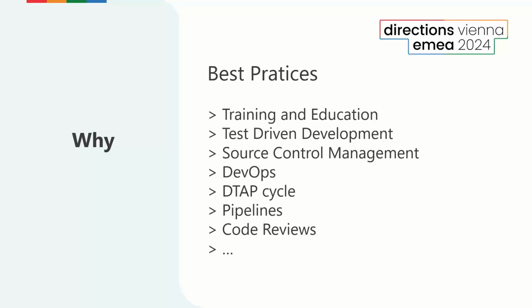And if I want to elaborate on this a little bit further, if we look at the best practices we have described, or the list of best practices we can possibly think of, we can do training and education of developers, we can do test-driven development, we can have GitHub and Azure DevOps as source control management, alongside pipelines, the whole DevOps cycle basically.